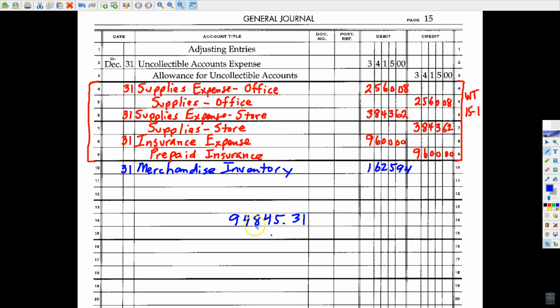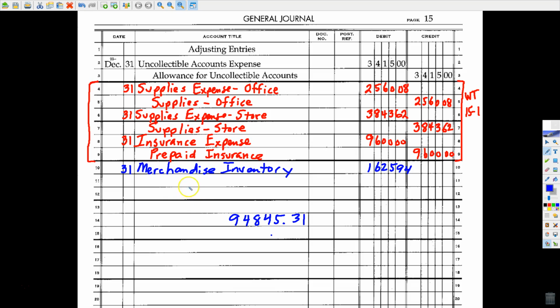So we've got that number. The old balance, which is not accurate, it's out of date. According to our count, it should be 96,000 plus, and the difference is going to be our debit to merchandise inventory to bring it up to what we say we have in our stock room. All right, so the credit's going to be to a new account. Well, we've not seen it for a while.